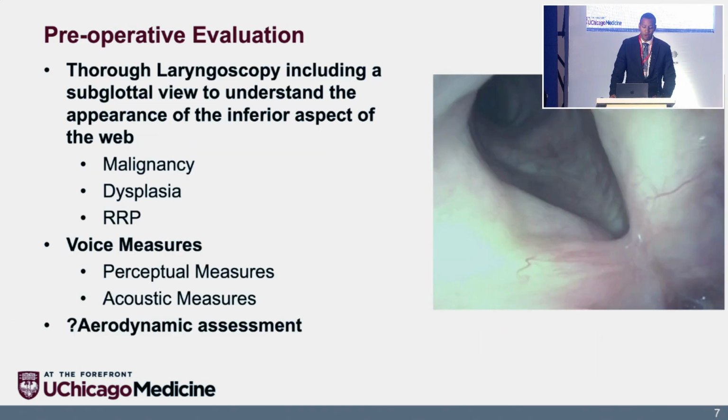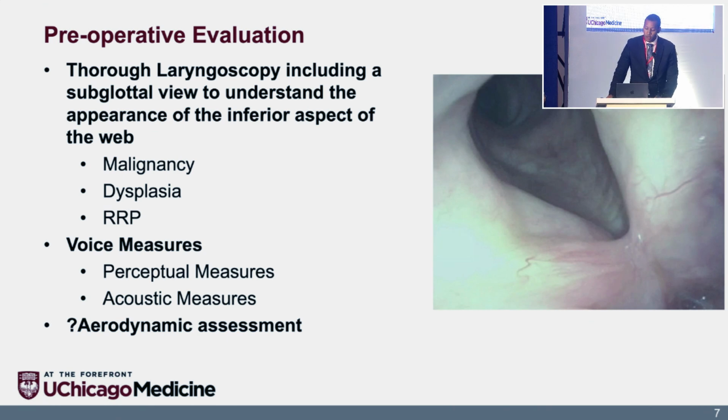And so you have to do a preoperative stroboscopy, of course. Now, with any patient that's identified with a web, you'll need to make sure that your stroboscopy is thorough, meaning that you have to not only evaluate the web from above the vocal folds, but you have to do a subglottal evaluation of the vocal folds to determine what is underneath the web.